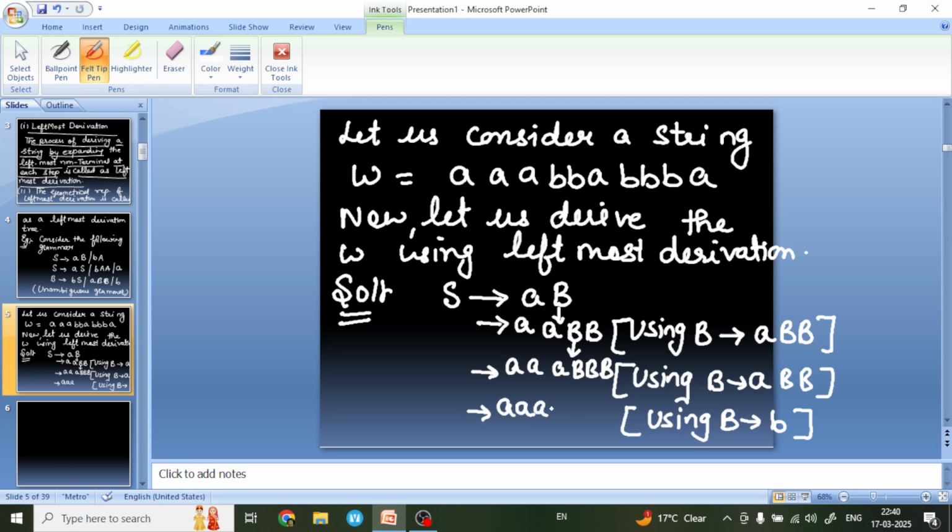Triple a, now B B. Take one capital B as b and the other capital B as it is.